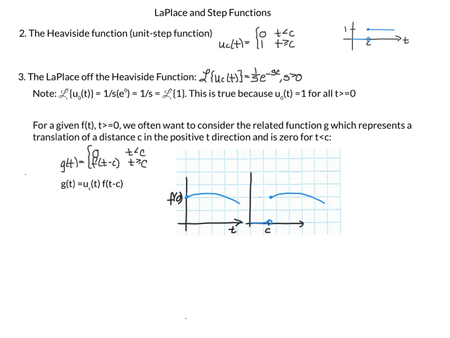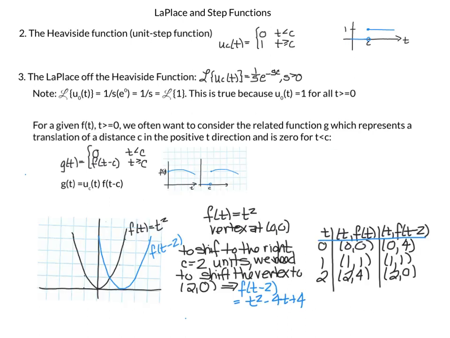So this is our function g(t), which shifts our graph over. And if we just want to capture this portion, we would let g(t) be equal to u_c(t) times f(t minus c).